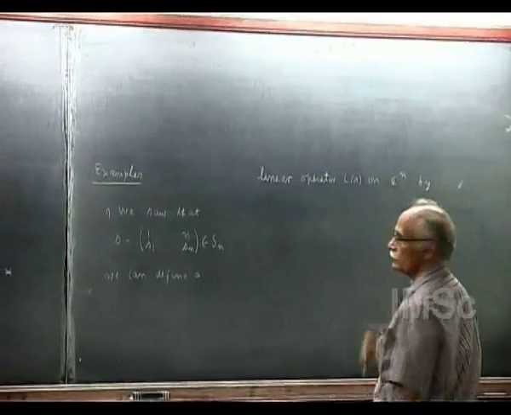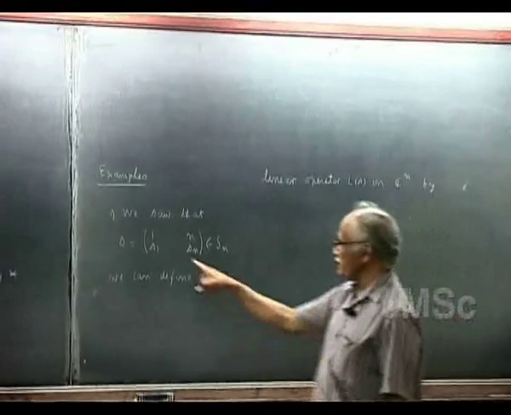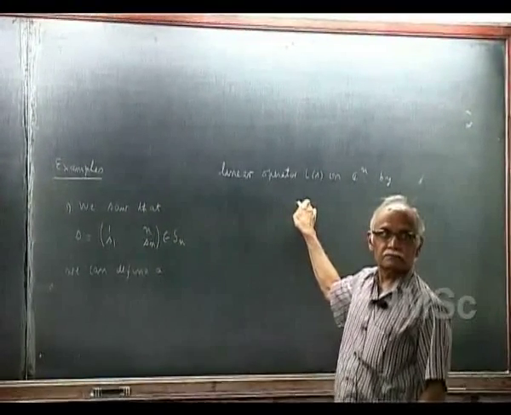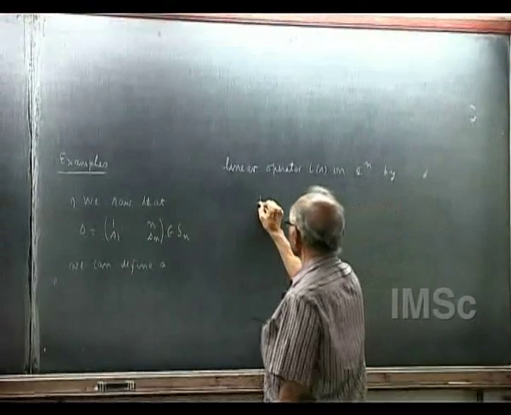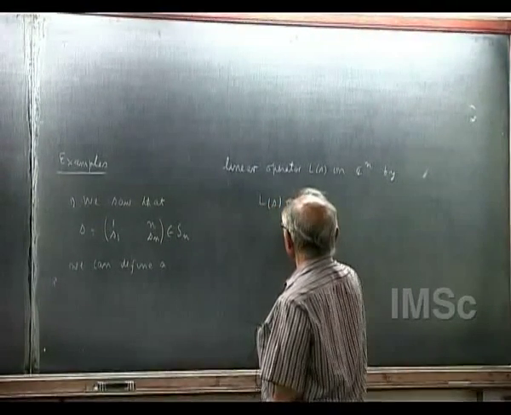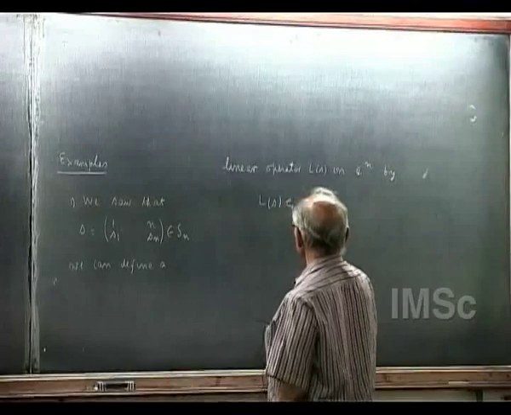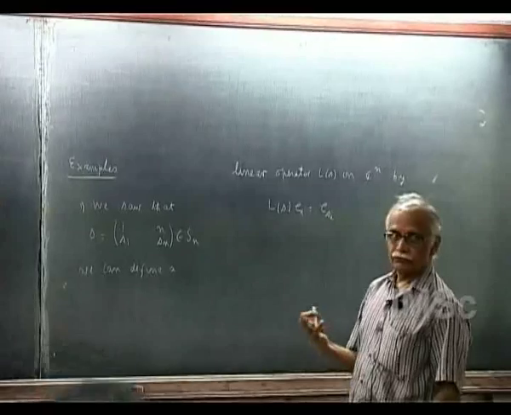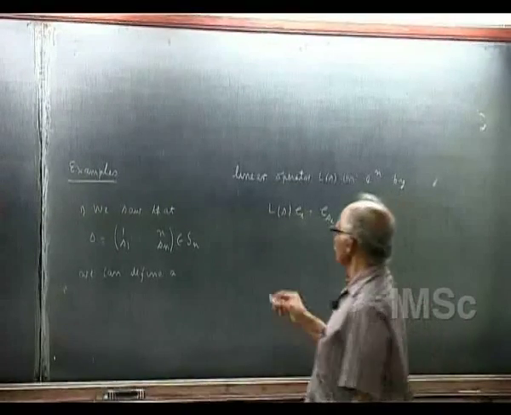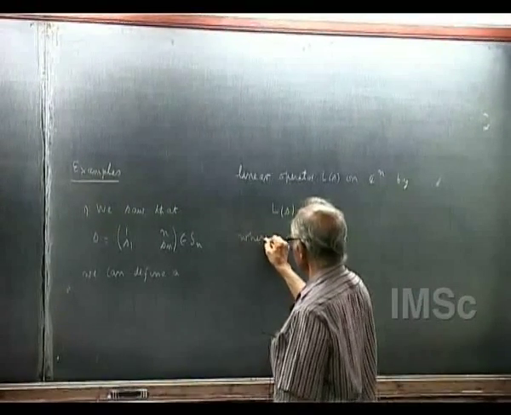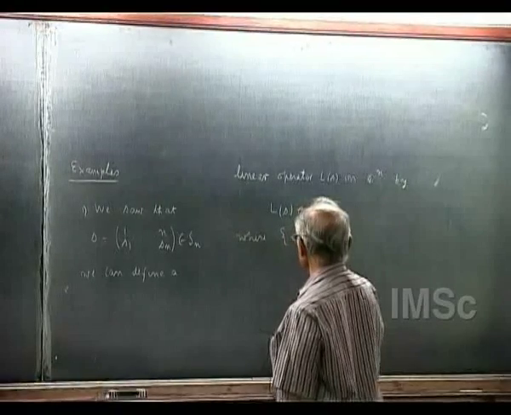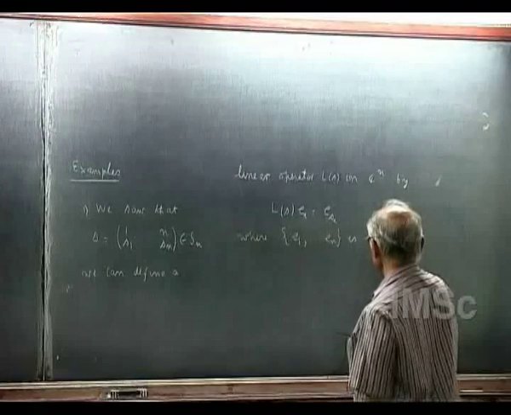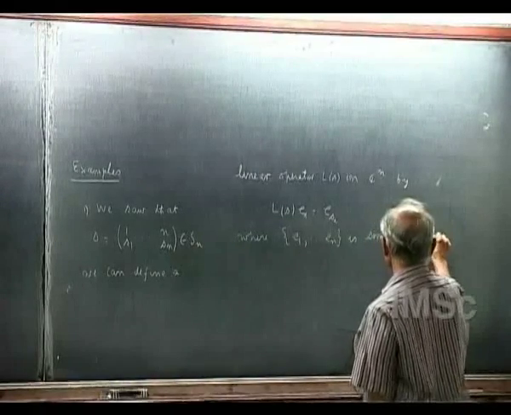For each permutation I define a linear operator on the n-dimensional complex vector space by saying L_S e_i is e of S(i), where e_1 to e_n is some arbitrarily chosen basis of C^n.